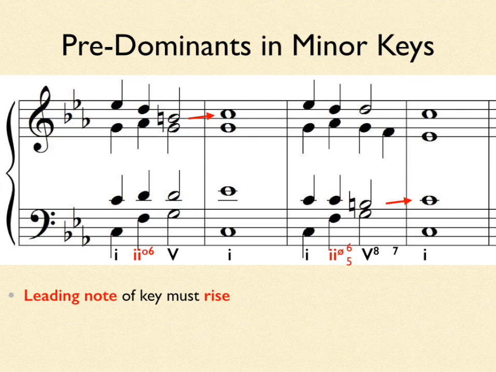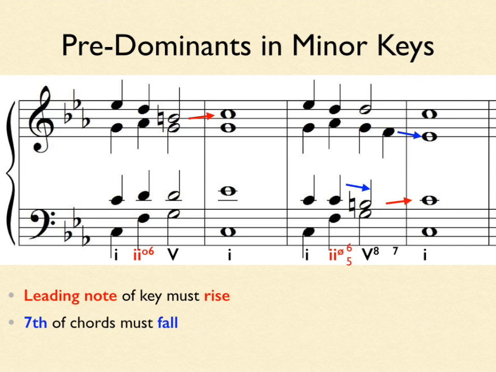You should be able to see that the leading note of the key rises in each example. Again, in the first example, it's B natural. It's been a raised note and it's rising to C, and that's in the soprano part. And in the second example, I've just moved it to the tenor part, just for a bit of variety. Again, the sevenths of the chords must fall. You can see that this occurs twice in the second example.